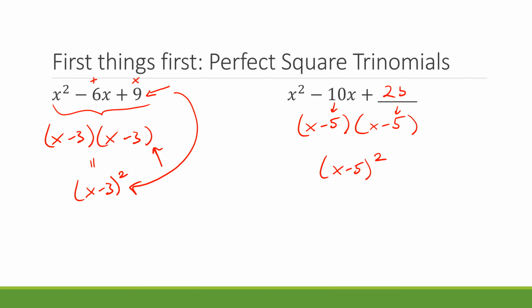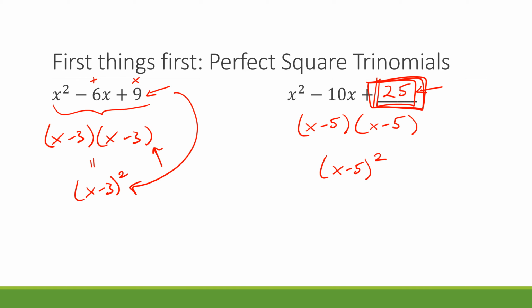Oh, it's 25, positive 25. So this is a perfect square trinomial. The way I could figure out how to make it a perfect square trinomial is to look at what adds to -10 that is the same, then multiply those two things to figure out what needs to be here to make it work.